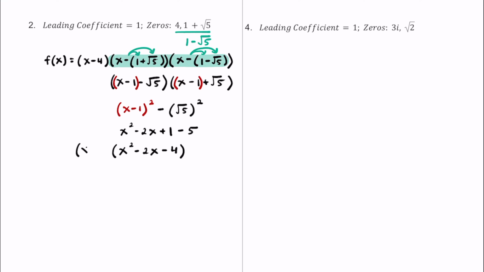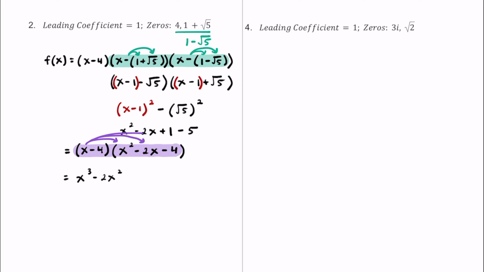And at this point, we don't want to forget that we had an x minus 4 binomial that we haven't used yet. Now let's just go ahead and multiply this linear binomial by this quadratic, and let's see what we're going to get here, right? So let's multiply this x times x squared first. X times x squared is going to be x to the third power. Then x multiplied by this negative 2x is going to be negative 2x to the second power.